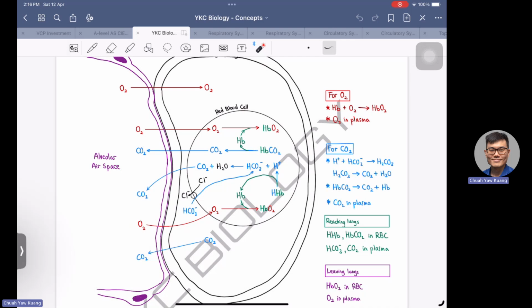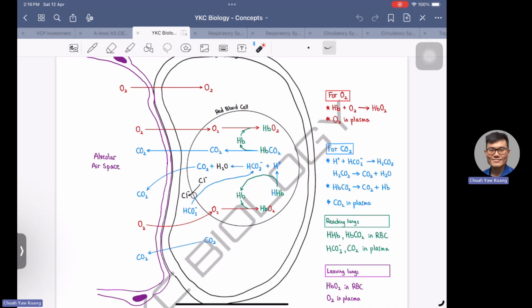Similarly, both of these transport processes occur at the same time, and both of them involve the hemoglobin. For the transport of the carbon dioxide, it involves the same three pathways that occur in the peripheral tissue. But in the lung here, the pathways are reversed.